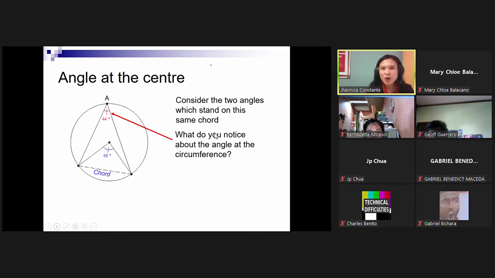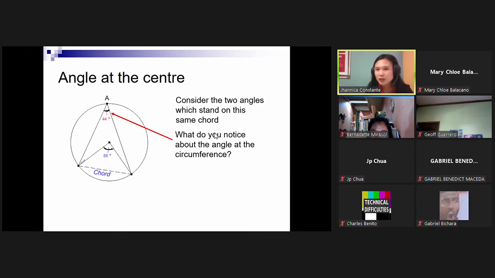So if one of the angles is in the center, the angle whose vertex is at the circumference of the circle is half of your central angle. That's why it becomes 44 degrees. That's the second property that you can apply in finding the measurement of the angle inside of the circle.